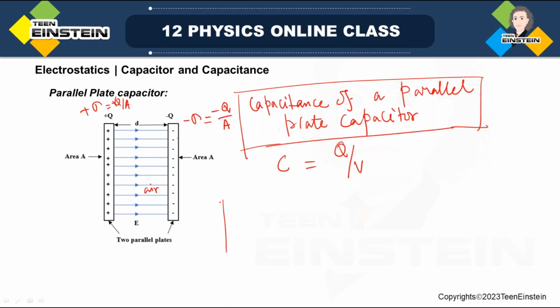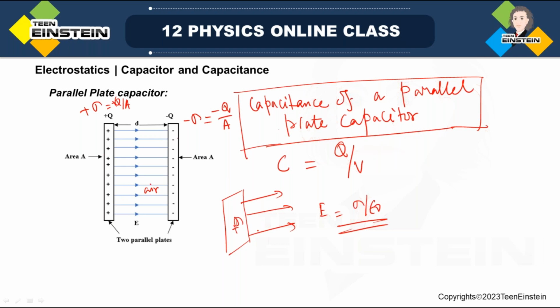We have already learned that for a conducting plate of charge density sigma, at any distance, this being an infinite plane sheet, the electric field will be sigma by epsilon 0. Suppose it is a positive plate, so electric field lines will go out from the positive plate.